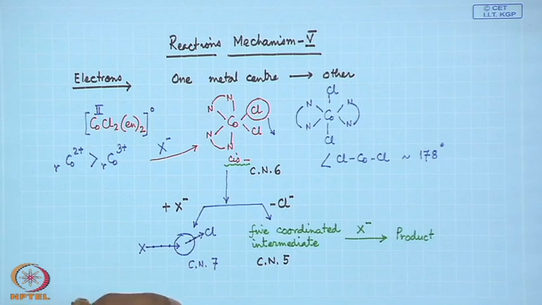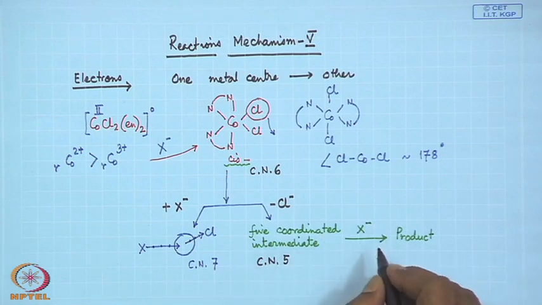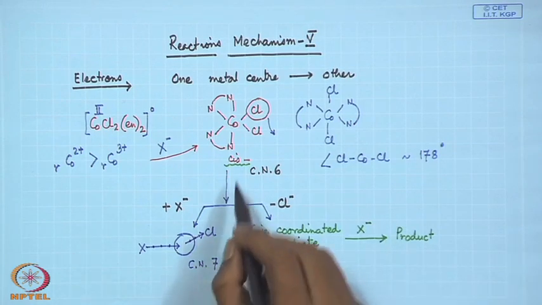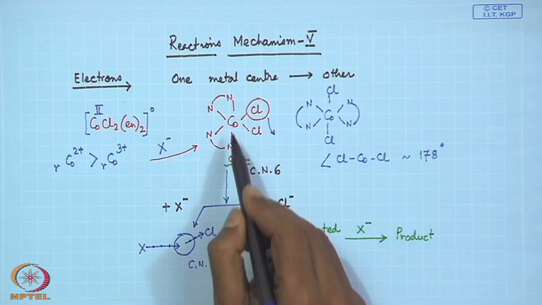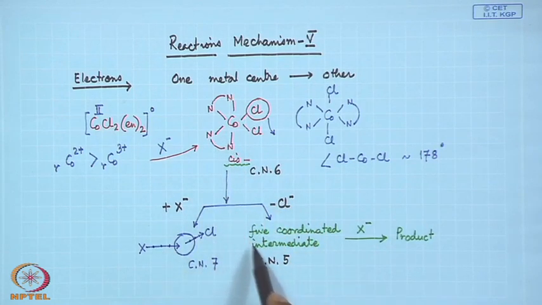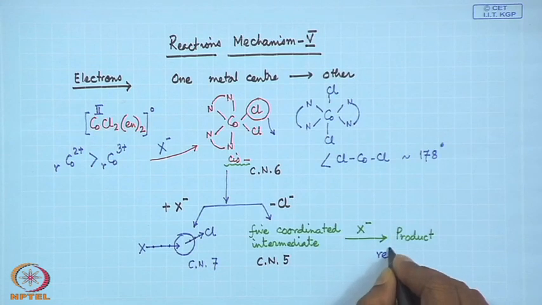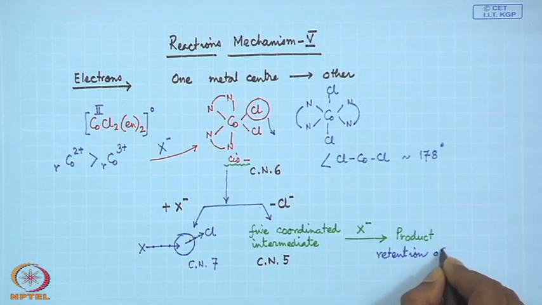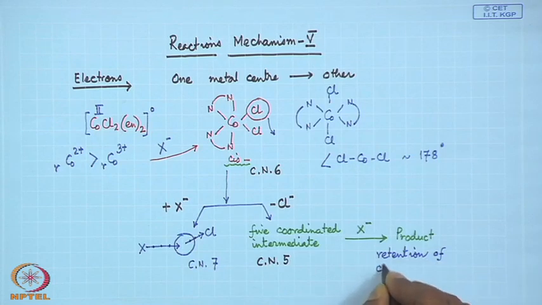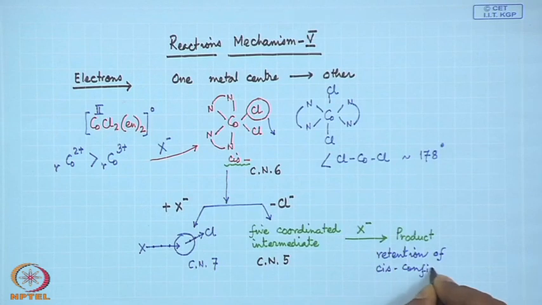By analyzing the nature of this product, we consider that in the case of cis geometry, that means when we start from the cis complex, we get retention of cis configuration.